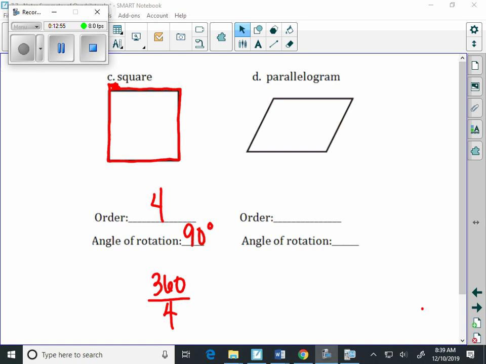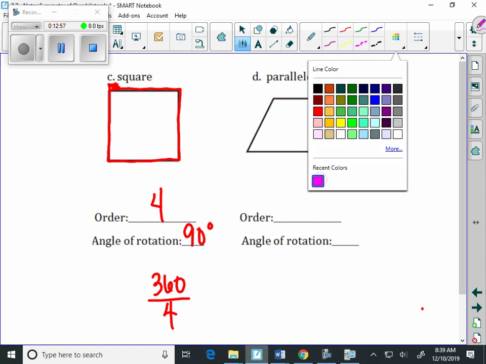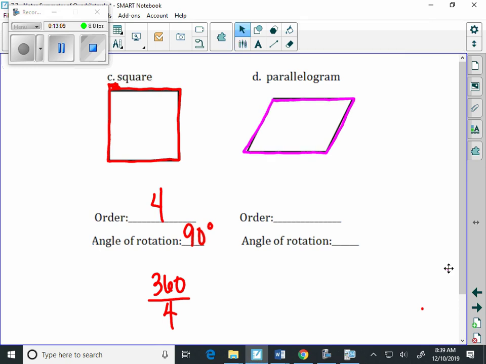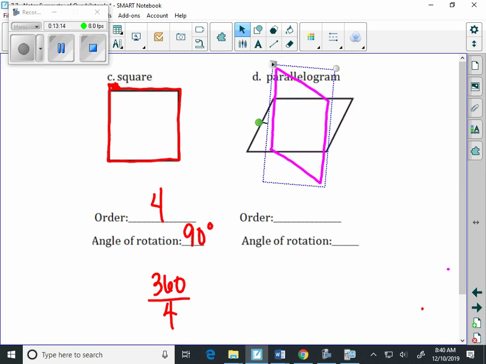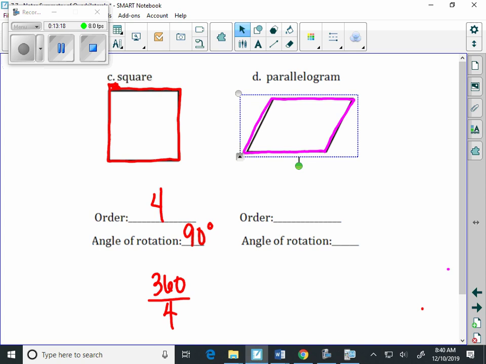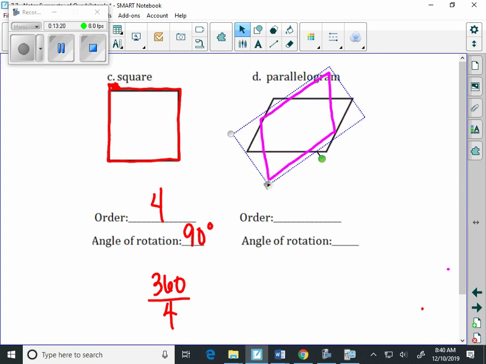So let's see what happens with the parallelogram. We don't have any lines of symmetry here, so let's see if we have any rotational symmetry in this one. We turn it once, we don't. But if we turn it a second time, we do.